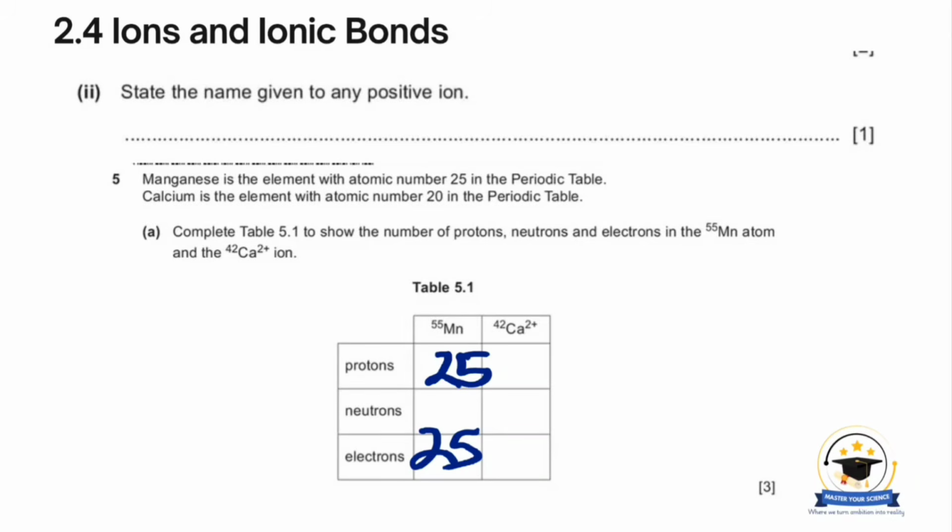Then to find the number of neutrons, we have to say the mass number minus the number of protons. So that's 55 minus 25, and that gives us 30.